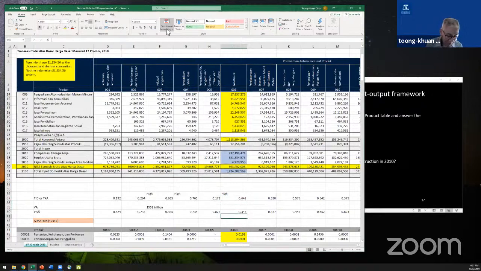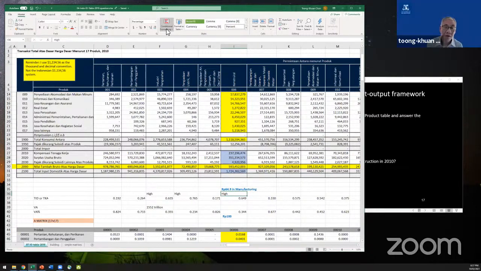basically means that every, I'm going to use rupiah for you, every 100 rupiah spent in construction will generate 64.9 rupiah in manufacturing. We will buy 64.9 from manufacturing.